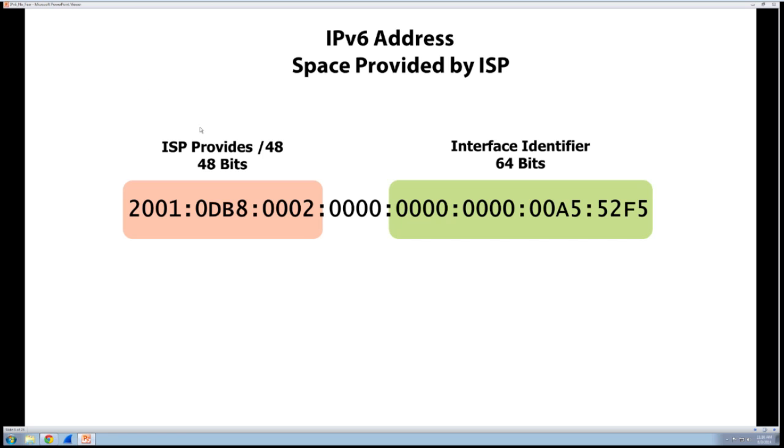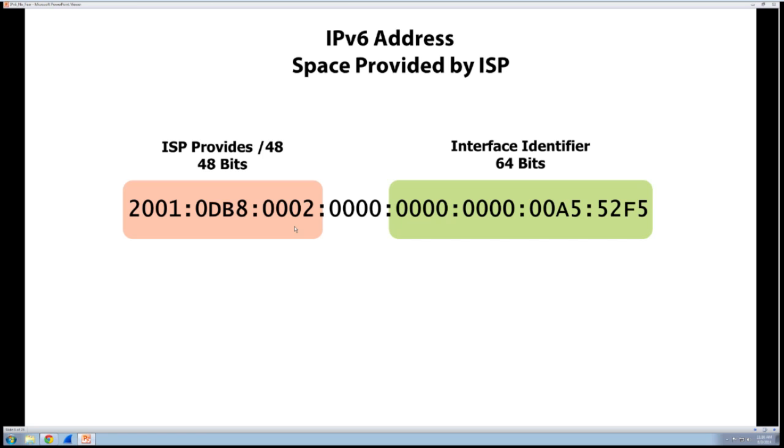They may give me 2001:DB8:2 as the first 48 bits. And what that means is I cannot change those first 48 bits anywhere in my network. All right, so 2001:DB8:2/48, those are my network addresses.